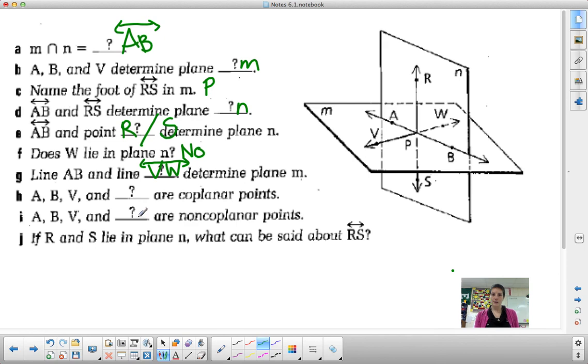A, B, V and blank are coplanar. You could say P, or you could say W. More than one answer there. A, B, V and blank are non-coplanar. So we need to pick one that's not on the plane, so we could pick either R or S.